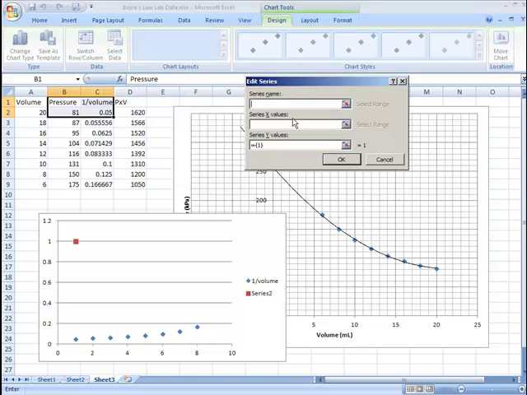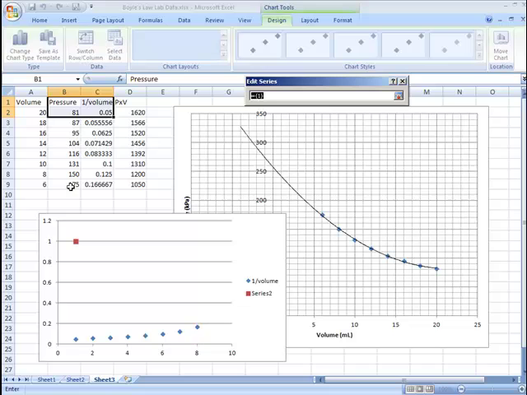So you edit your series by your X value. I realize some of you know how to do this. Please be quiet, because you're not going to know what I'm going to do next. So X values here. You want the 1 over volume to be on the X value. So you can select X values, select these here. Y values are the pressure here.